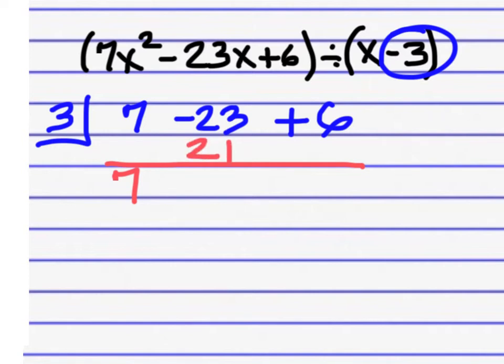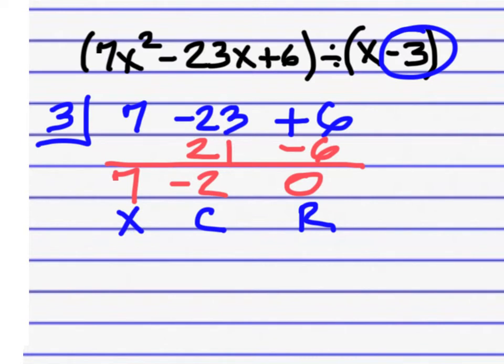Add those two together. Negative 23 plus 21 is a negative 2. 3 times a negative 2 is negative 6. 6 plus a negative 6 is 0. This means you have a remainder of 0, a constant of negative 2, and an x coefficient of 7. So 7x minus 2 is your answer.